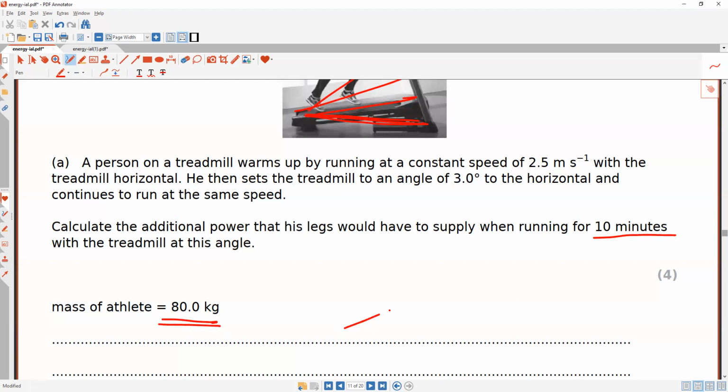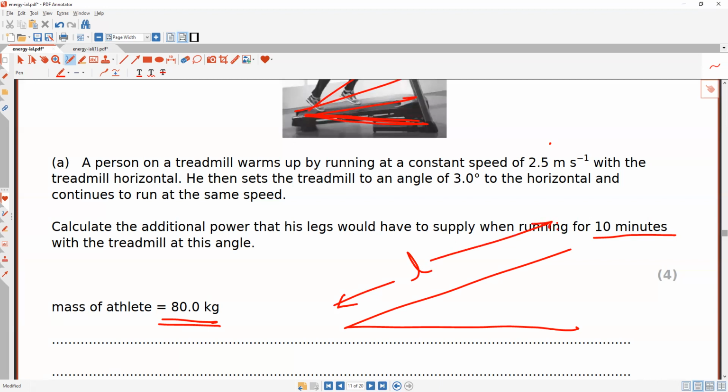I would suggest you guys can use the M1 slope equations if you want to. You know his velocity, so you can find the length very easily. Power is force into distance divided by time. Force is mg sine theta. What is the force he is going against? mg sine theta. All of you know this, right? I taught you this one.